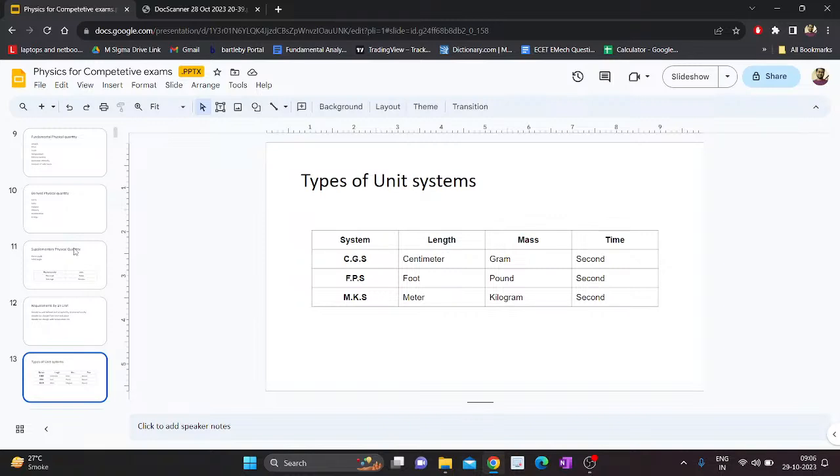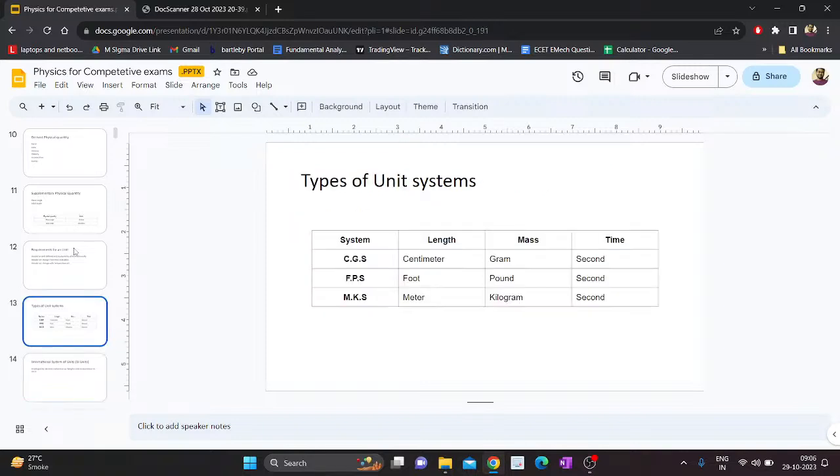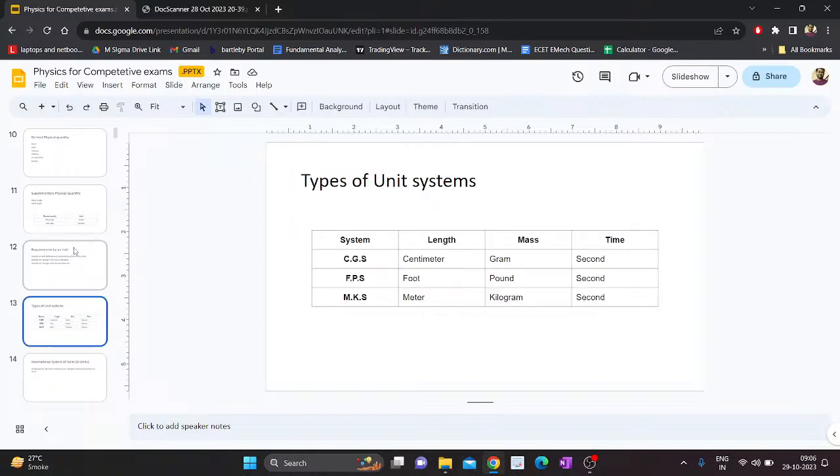And in a conference in 1971, executives from various countries, scientists, etc. decided to avoid confusion and use a uniform system of units, which they named the International System of Units, SI units basically. So they did not produce a new system of units, but just took the best units for different physical quantities from various systems.